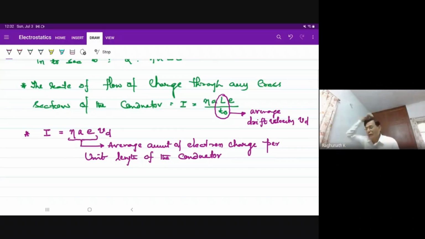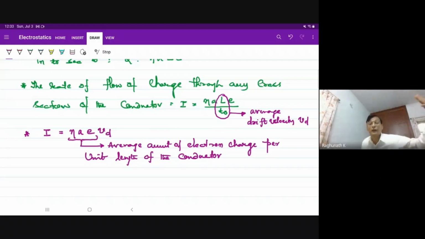If you know that the current is the product of average amount of charge per unit length of the conductor and the drift velocity with which it is moving, you can straight away get the current through the conductor I'm talking about.